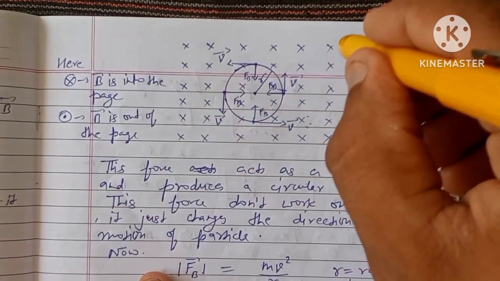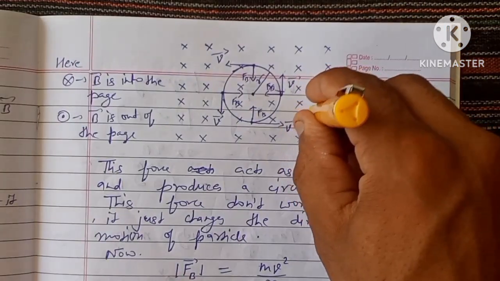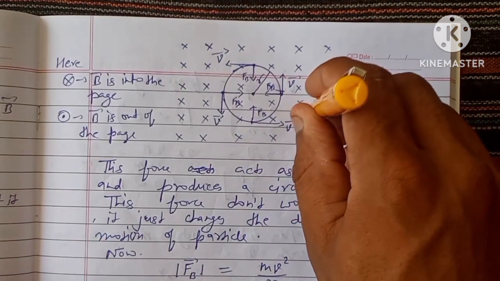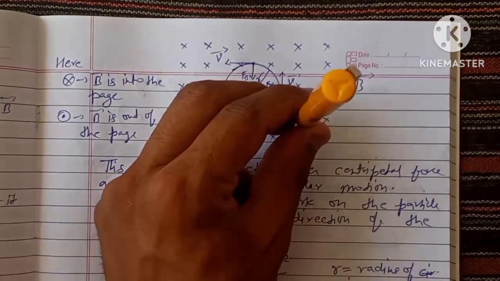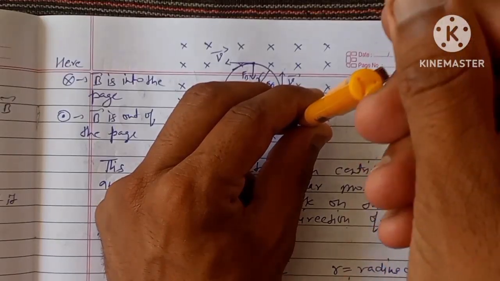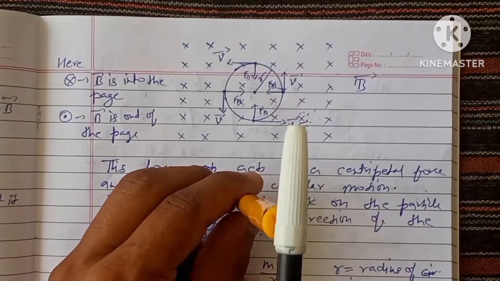So this tip is in downward direction, meaning the magnetic field is into the page. Now let us suppose I have a charged particle which is moving perpendicular to this magnetic field, like this. This is the charged particle's velocity.